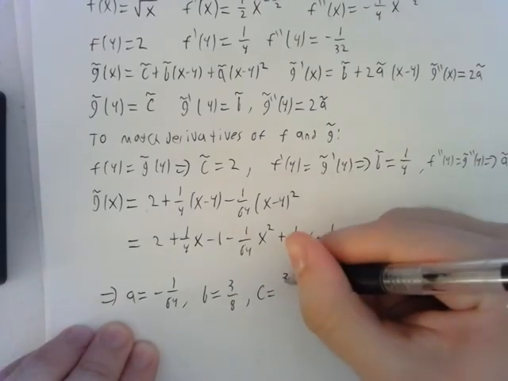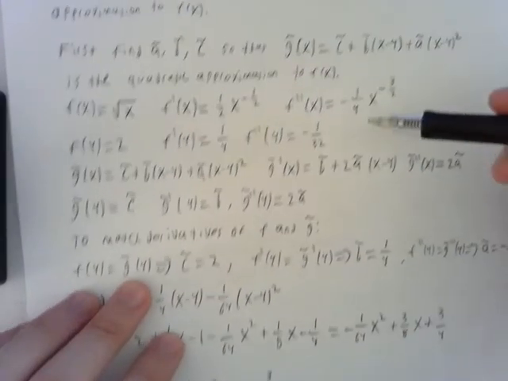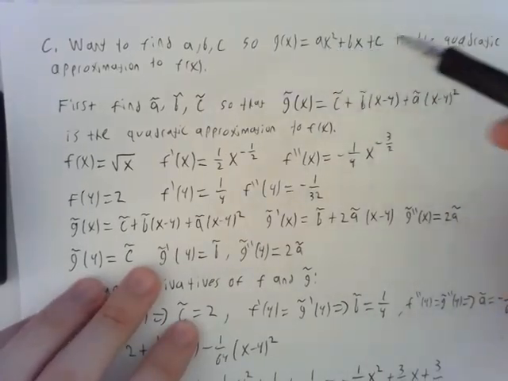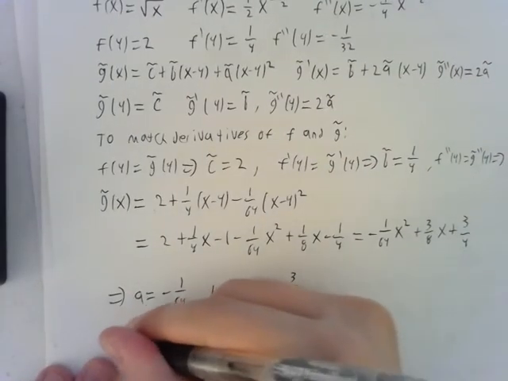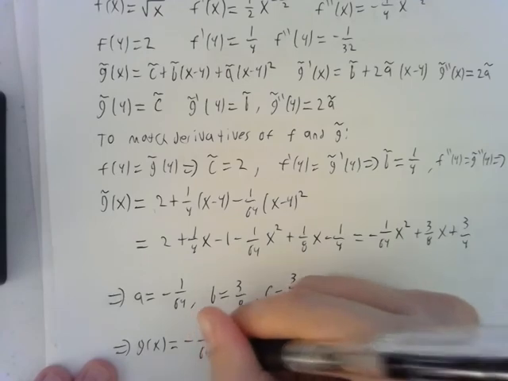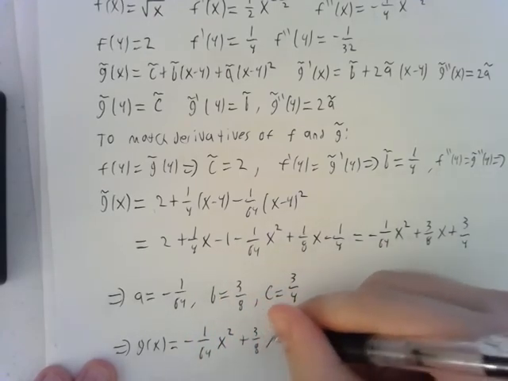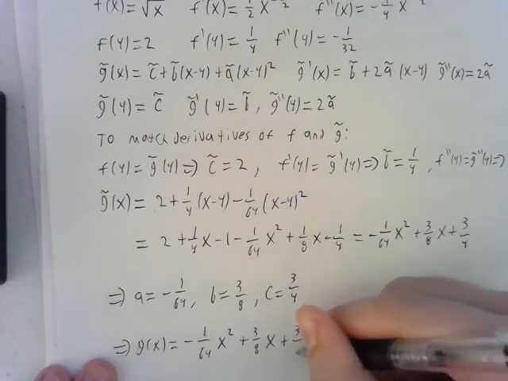So we found our equation g of x just by plugging these things in up here. g of x is negative 1/64 x squared plus 3/8 x plus 3/4. This is our quadratic approximation.